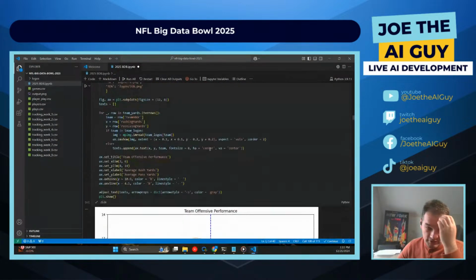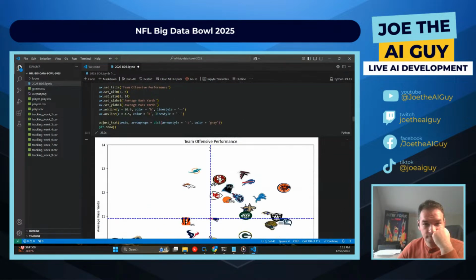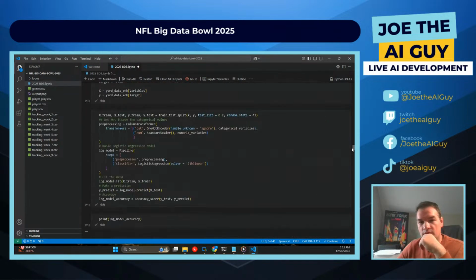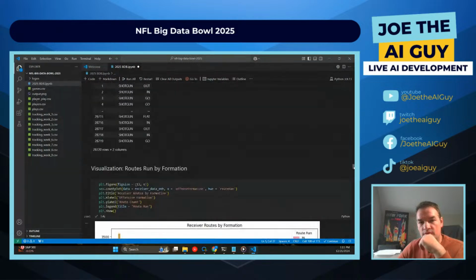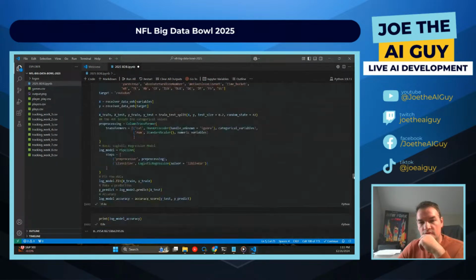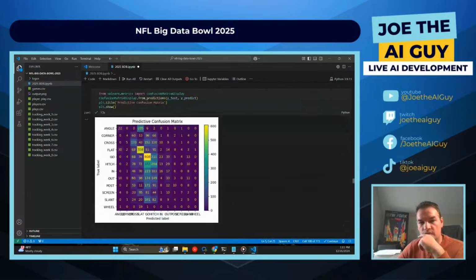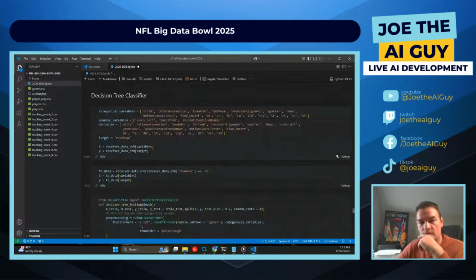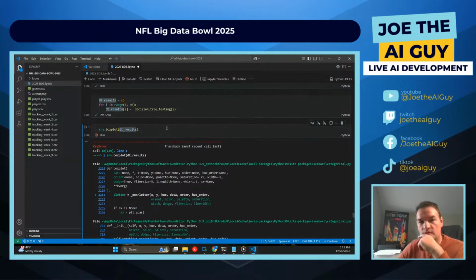I want a dot plot, basically. Seaborn. Scatter plot.